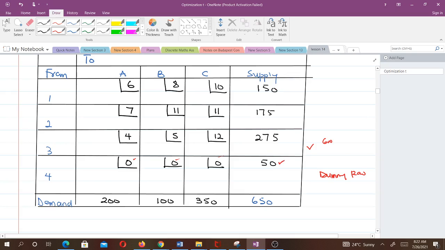Then when you add 150 plus 175 plus 275 plus 50, it will give you 650, and the demand 200, 100, 350 will give you 650. So before you can solve the problem, you have to add a dummy row to balance the model. Then you solve this using the normal procedure that you know.